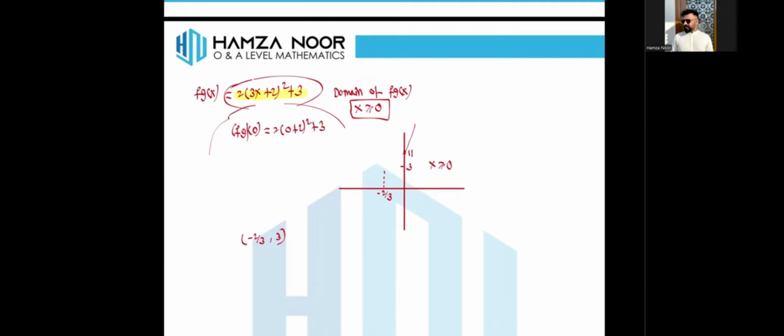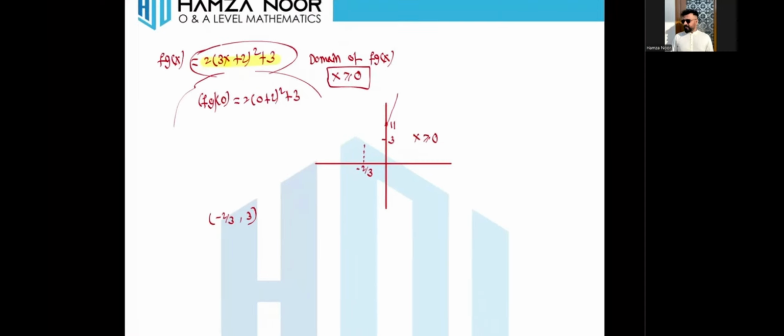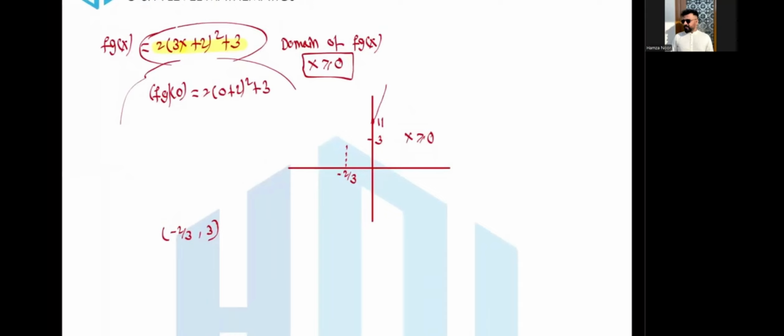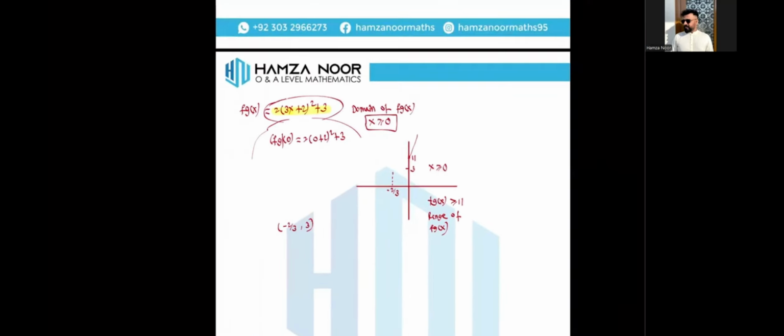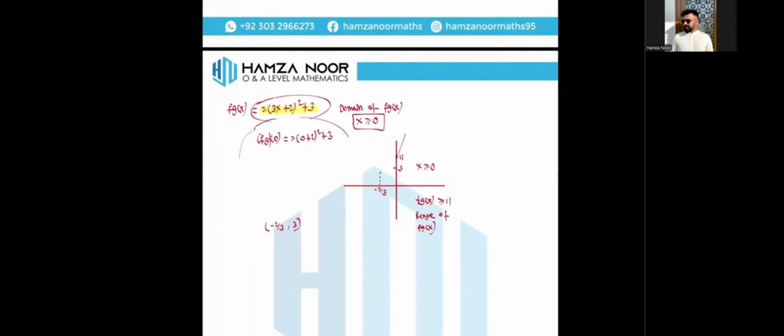By the sketch of the quadratic graph, we can see that the range of f of g of x is that f of g of x is greater than or equal to 11. This is the range of the composite function, and this will become the domain of the inverse of fg.